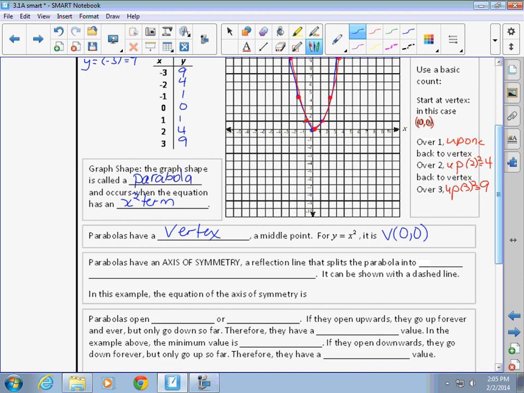And we show that it's a vertex and not just a coordinate by putting that V in front of there. The vertex is the point where your graph is going one direction and it stops and goes back up another direction. Parabolas have an axis of symmetry, which is a reflection line that splits the parabola into two symmetrical branches.